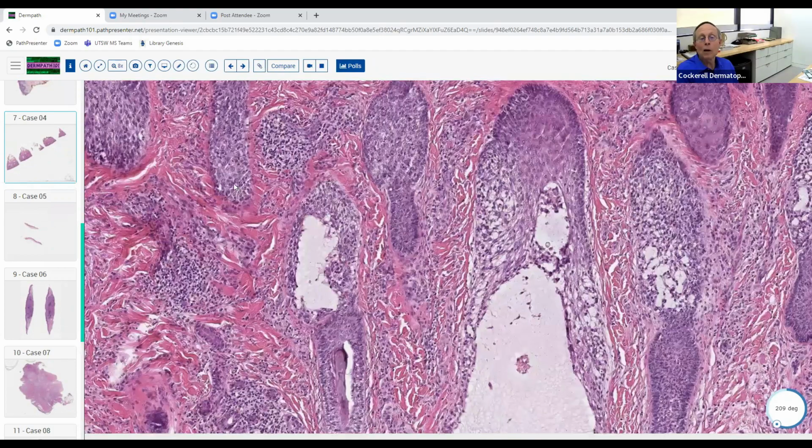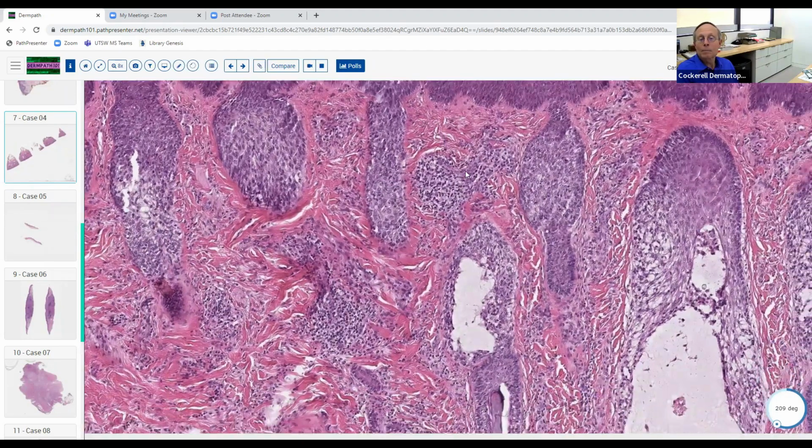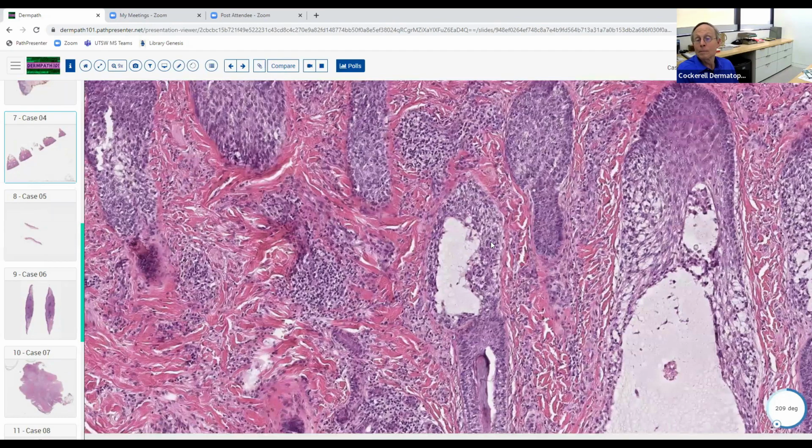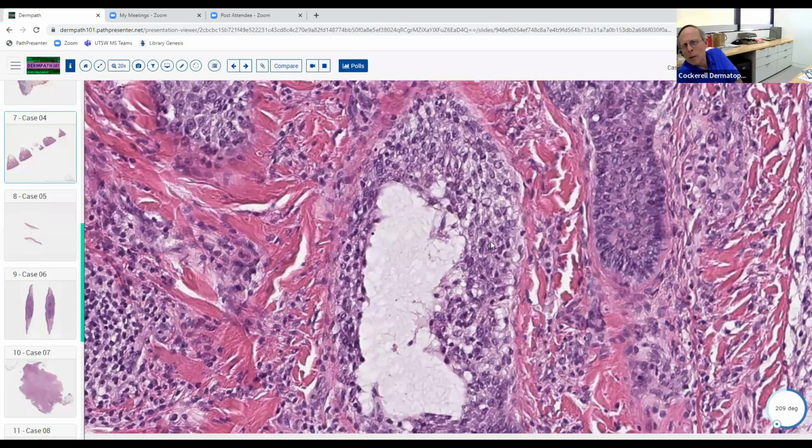Yeah, that's exactly right. Tell us a little bit about how you tell those apart histologically. I know it can be tricky, but with follicular tropic MF, you'd see more follicular tropism and a lymphoid infiltrate around the hair follicle. I agree. In most cases of follicular tropic MF, you will see some pretty obvious atypical lymphoid cells.